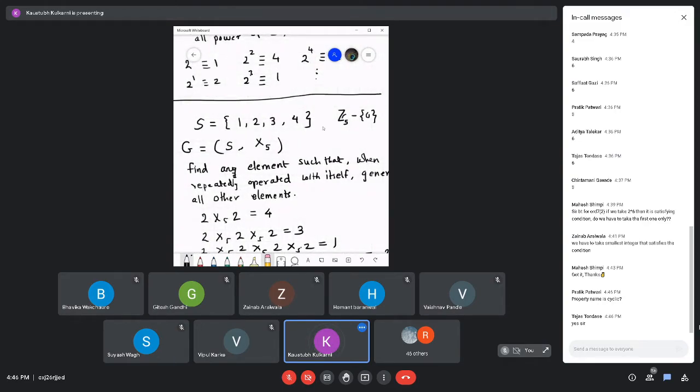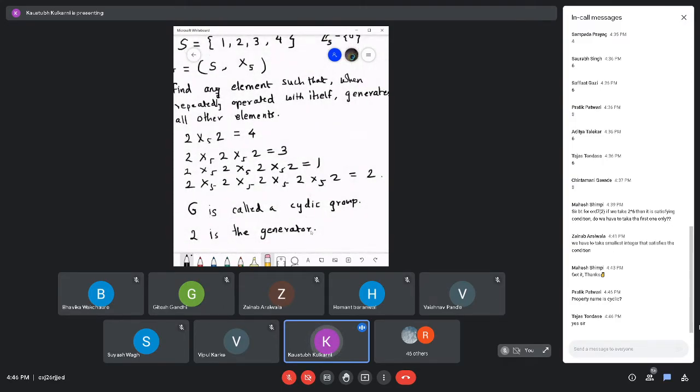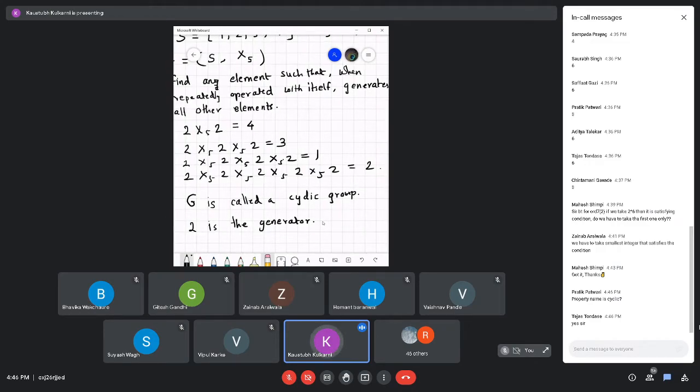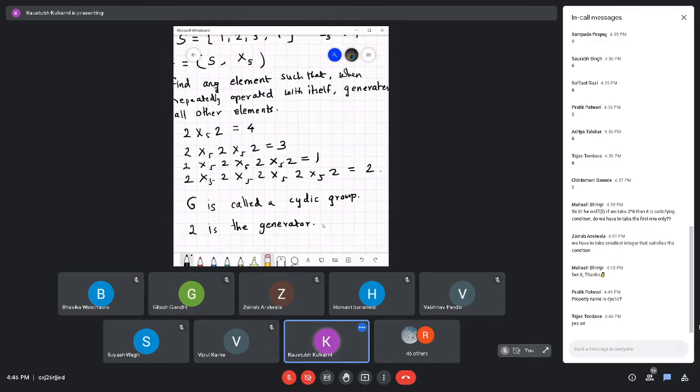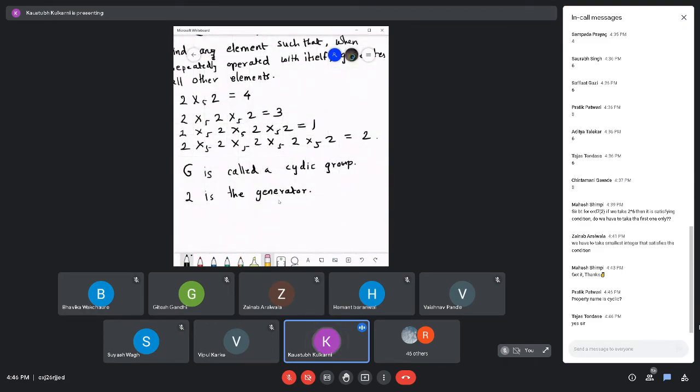The group is Z5 minus 0 and the operation is multiplication modulo 5. The property you can call cyclicity. Like, the group is cyclic. You can say yes, it is a cyclic group, and the generator is 2.